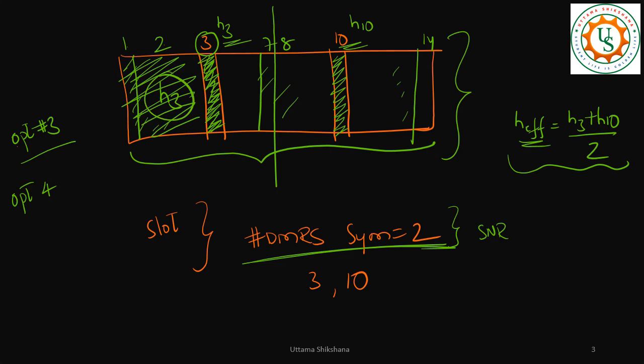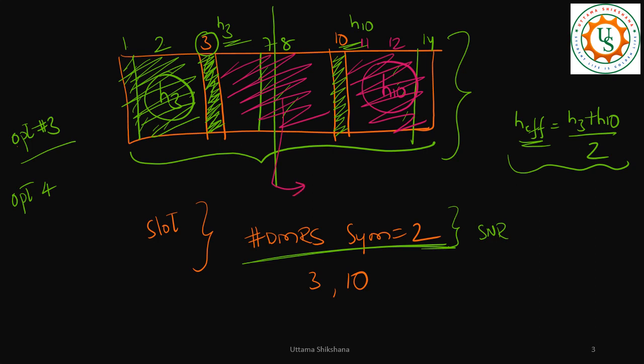Then for 11, 12, 13, 14, in all this area we can use H10 as the channel estimation. What about here in between? This is between H3 and H10, right? Here we can go for averaging, like this H effective. That is option 4. So as we saw, this H effective is performing the averaging, right?